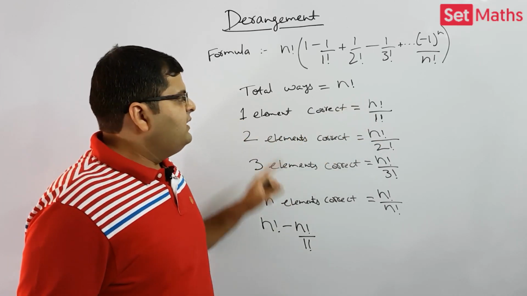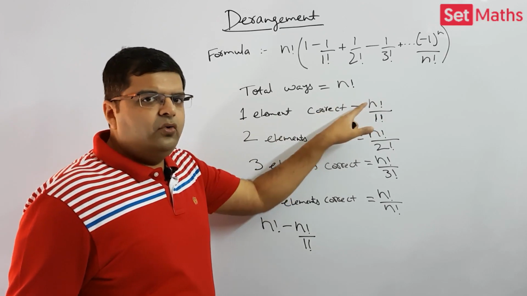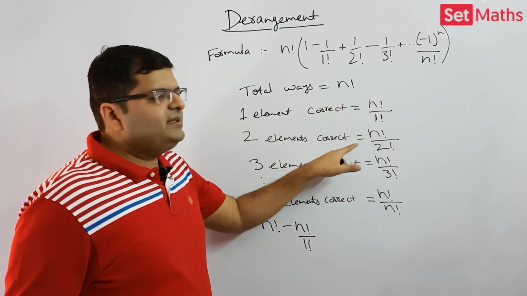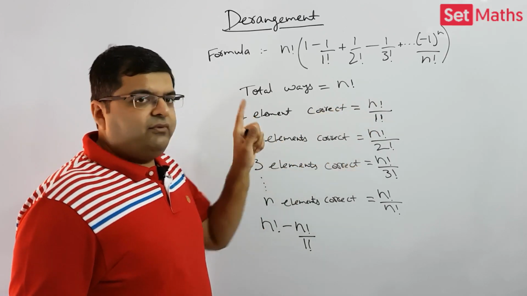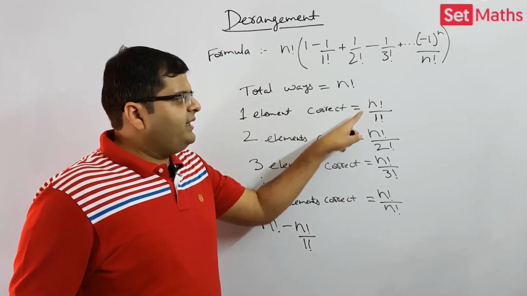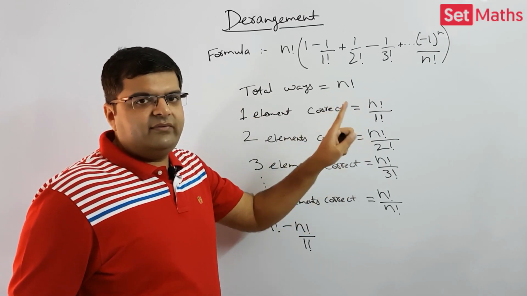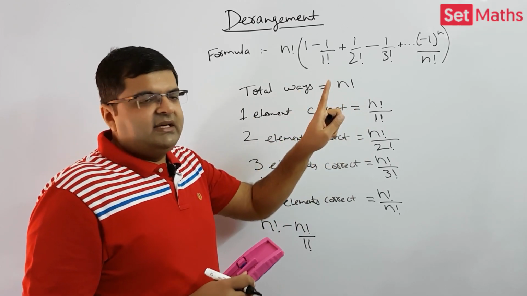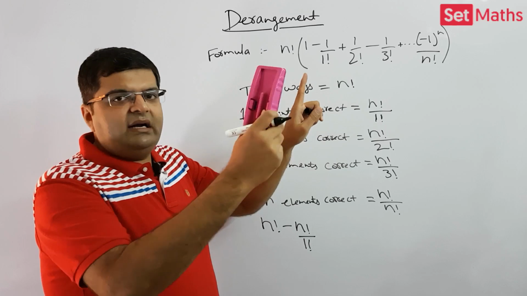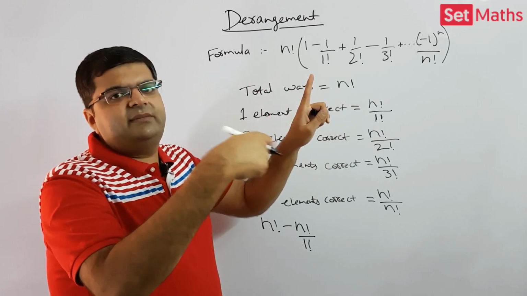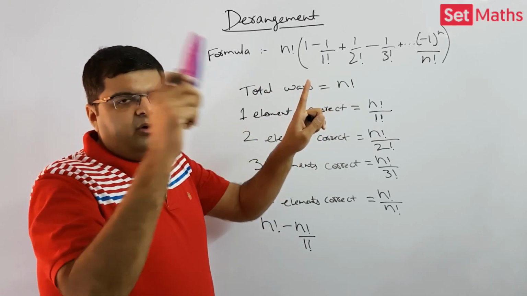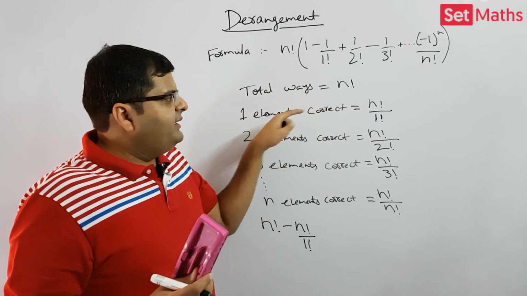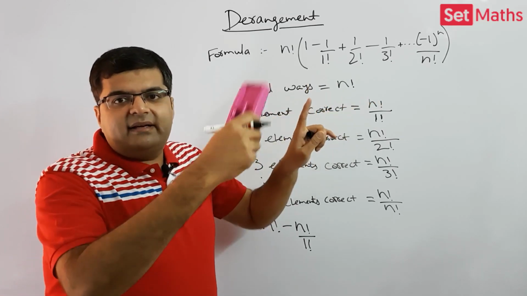Now if one element is at the correct place, n factorial upon 1 factorial, this will include cases wherein two elements are also at the correct place. That is because n factorial by 1 factorial is the total number of arrangements when one of them is at the correct place, but it will include cases wherein at least another one of them is also at the correct place, because out of n minus 1 elements, some elements might come at their correct place.